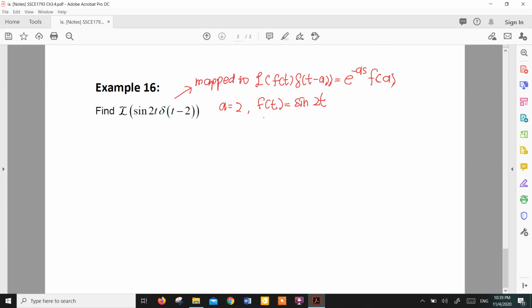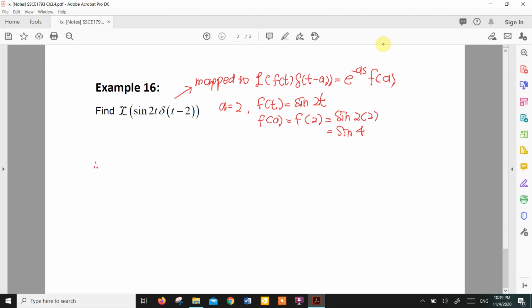So f(a) is equals to f(2), which means that you replace t with 2. So you have sine of 2 times 2, which is sine 4.